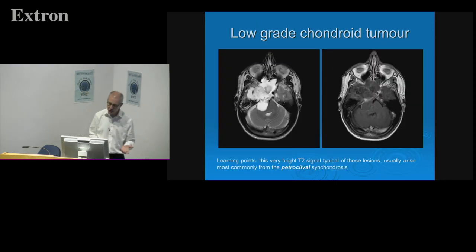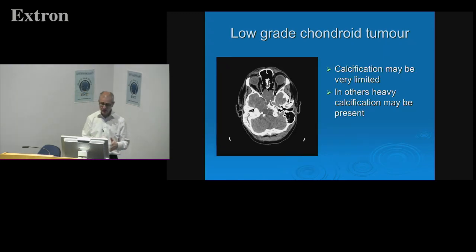Now then, chondroid tumours. This very bright signal of the cystic components is characteristic of these lesions. There are very few masses that have that degree of very bright T2 signal. The amount of enhancement is very variable. But if you see a lesion to one side of the midline, because these arise from the petroclival synchondrosis, think about these sort of tumours and do a CT.